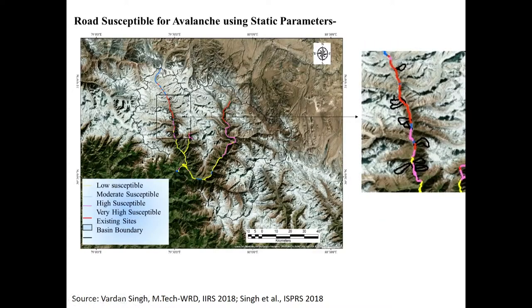Based on this analysis, we have found which stretch of the road is vulnerable or susceptible to the avalanche. Those kinds of analysis we could do, and this has been published in this ISRS publication. So this is how we can do the vulnerability analysis for the snow avalanche.